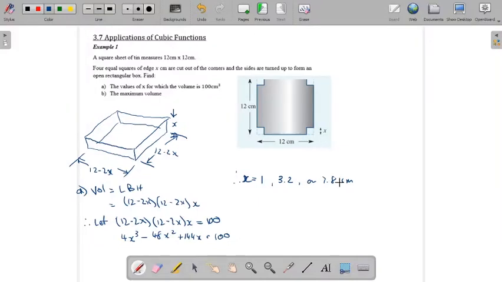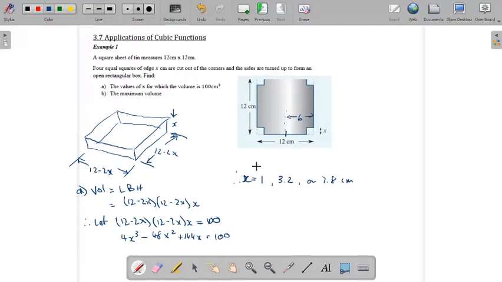What's interesting is that if we have a look at these possible values for x, we need to think, how is that actually going to work? We can certainly make it work for 1, and we can make it work for 3.2, or can we? This is 12 centimetres. Halfway is going to be 6.